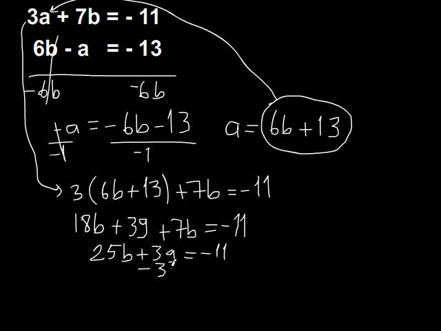To get rid of 39, we subtract 39 from both sides of the equation. So we have 25b is equal to negative 50. Then finally, we divide both sides of the equation by 25 to get b by itself.